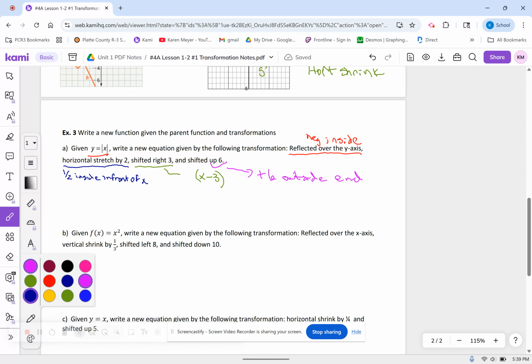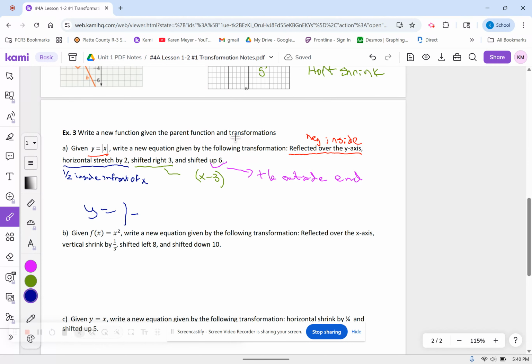Okay, so let's start writing our answer. I'm going to go y equals. I don't have anything on the outside of my function at the beginning. So I'm just going to put absolute value. So there's my bar for absolute value. I have a negative inside. So here's my negative inside.